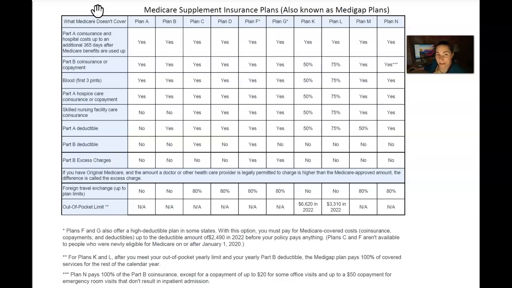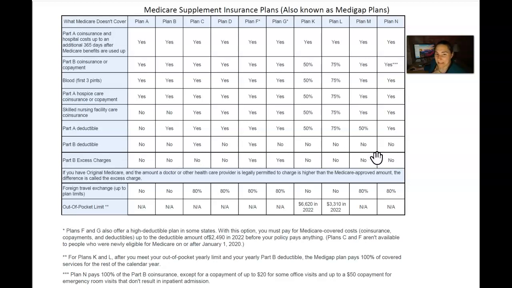Now, if you look down, this column here represents what Medicare does not cover. So original Medicare does not cover what is called excess charges. For the different Medicare supplement plans, you see if it has a yes or a no. And in this excess charges row, you see here that only plans F and G cover the excess charges.